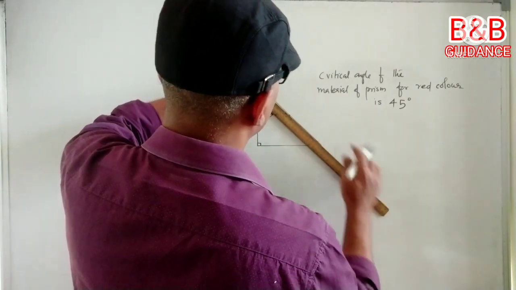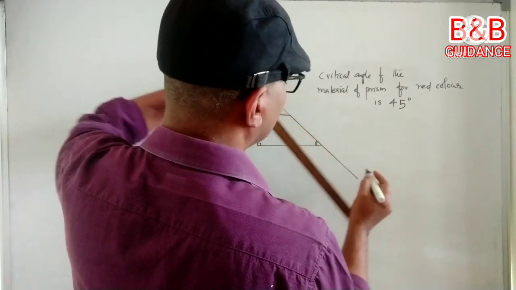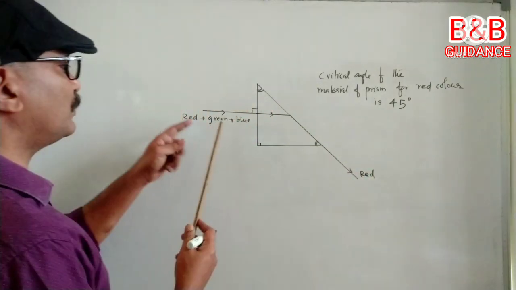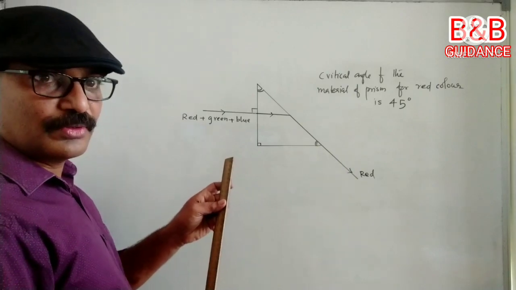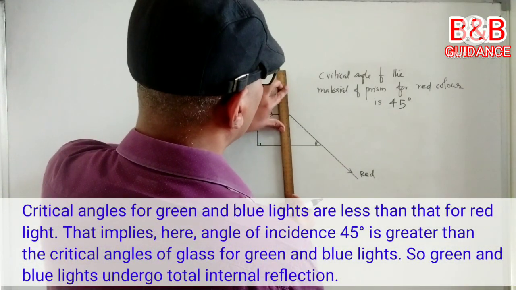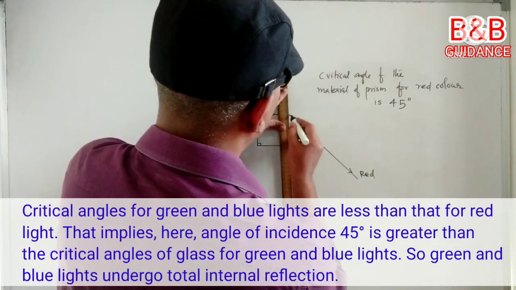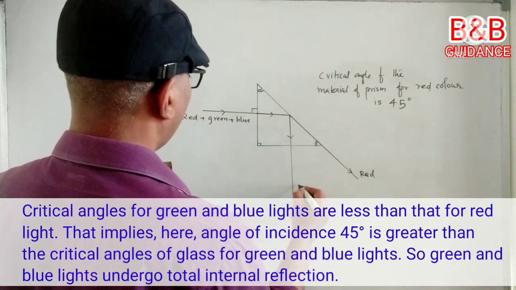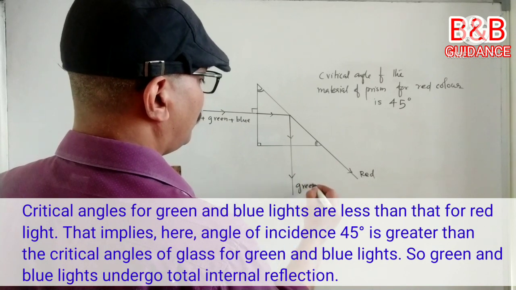So this will be red. Red will go like this. There is no doubt. What will happen to green and blue? That will undergo total internal reflection. So here this will be green plus blue.